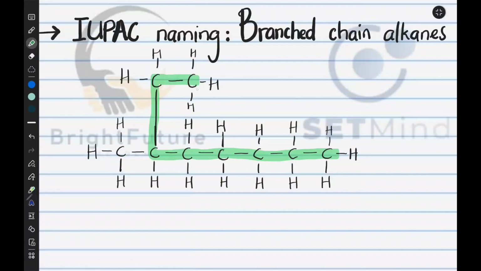In fact, it has 1, 2, 3, 4, 5, 6, 7, 8 carbon atoms, right? So we can take that as our main chain, or we can use the straight one as our main chain. We'll get to learn how to pick which one is which, okay?